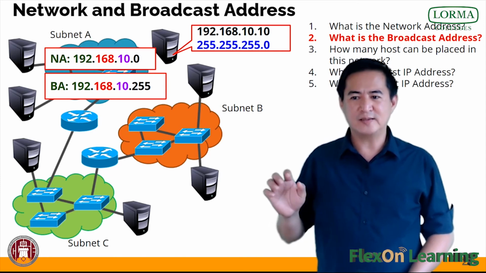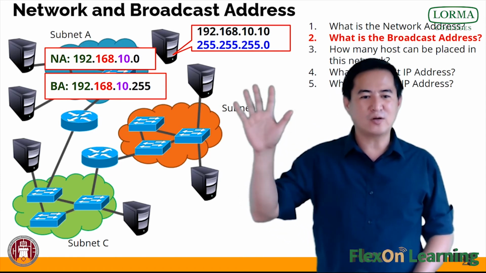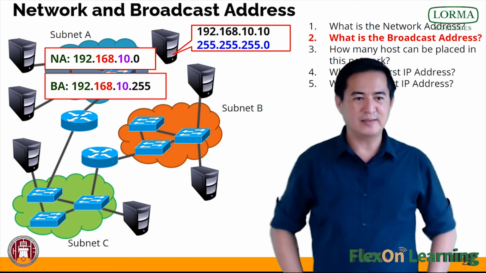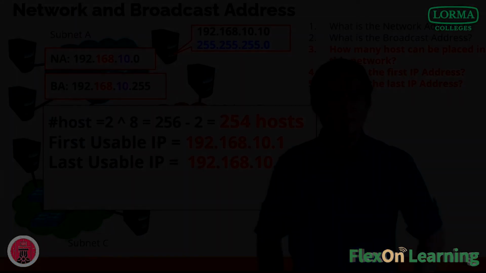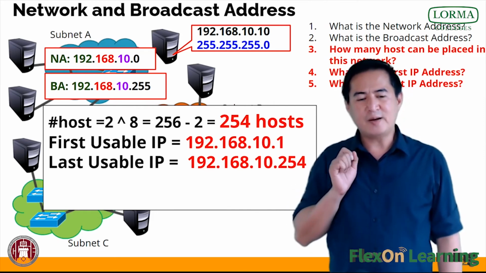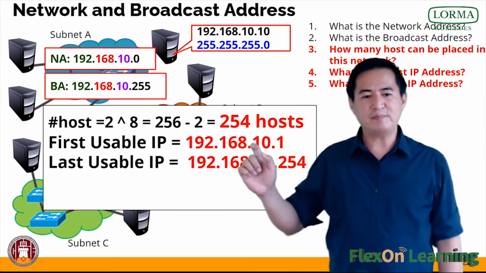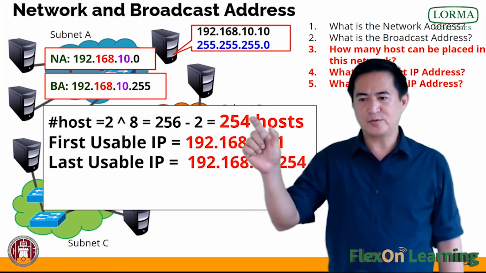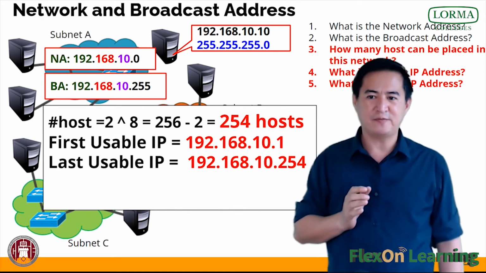So the next question is, well, how many computers could I put in that network? For that subnet A, how many computers all in all could I assign a usable IP? To get the number of hosts, you simply get the number of bits remaining for the host. So we know that it's 8 bits remaining for the last octet.